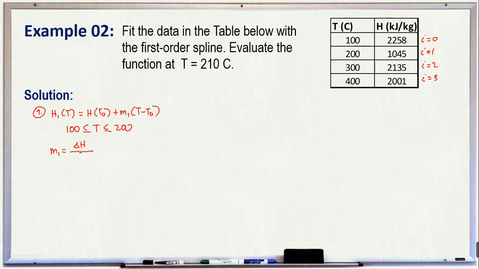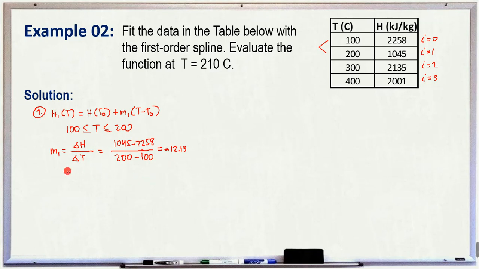So change in h over change in temperature: 1045 minus 2258, all over 200 minus 100. So what is it, class? Please calculate. Negative 12.13.